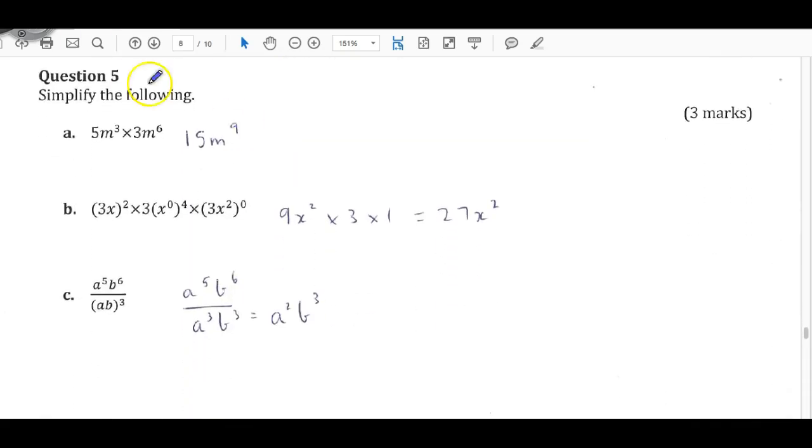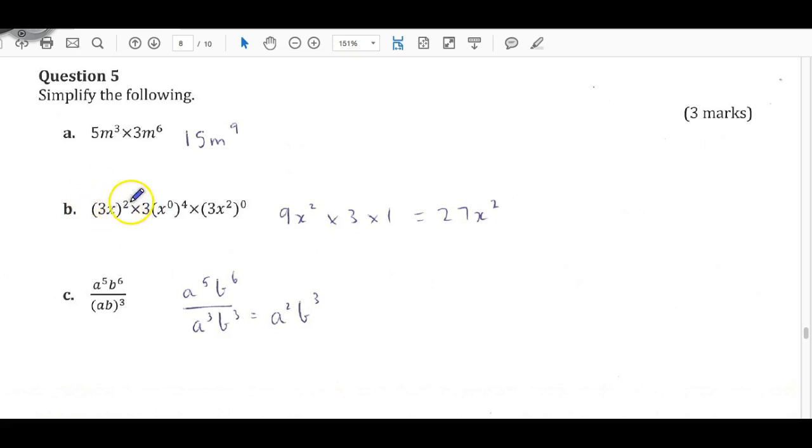Question 5, simplify the following. When we're multiplying, multiply the numbers first. So 5 and 3 gives you 15. And then we add the powers for our base. So M now becomes M to the power of 9. This one here is a little bit trickier. Just treat each term separately without looking at the multiply sign.